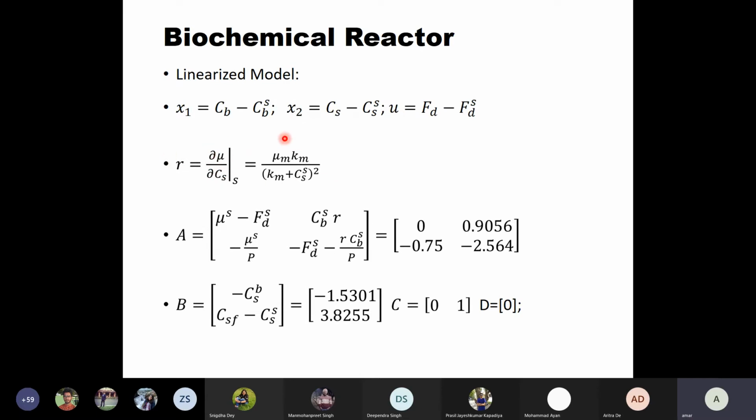This is the expression for del mu by del CS at steady state, which I define as R, and then I calculate the A matrix, because now I will have x dot is equal to AX plus BU.